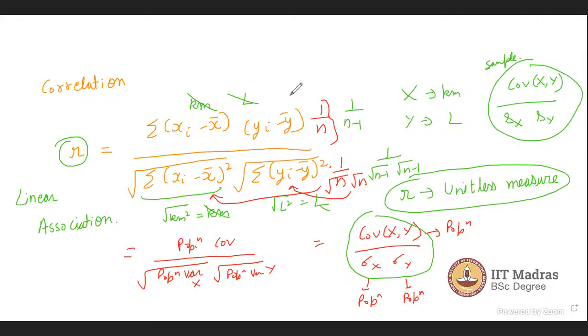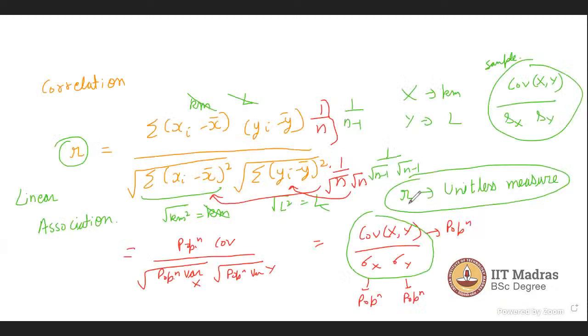Let me quickly answer this doubt. Suppose there is a question in which n observations of a sample are given from a population, and we have to calculate the sample covariance.